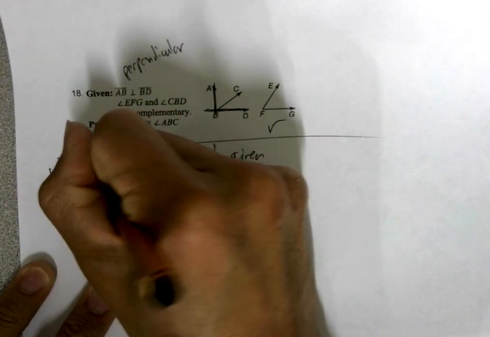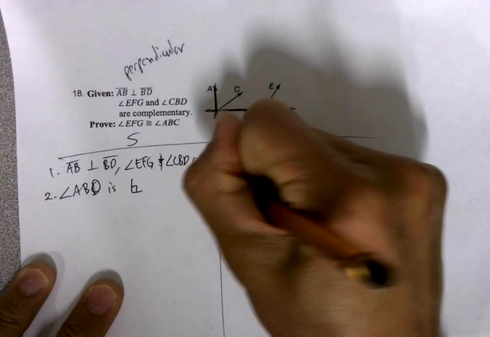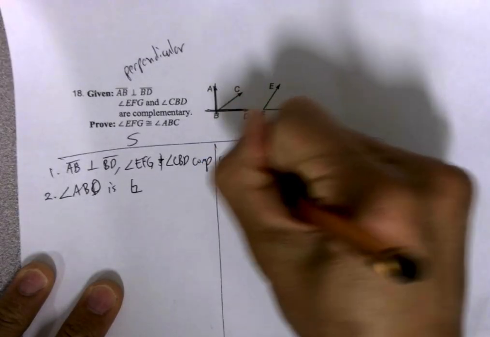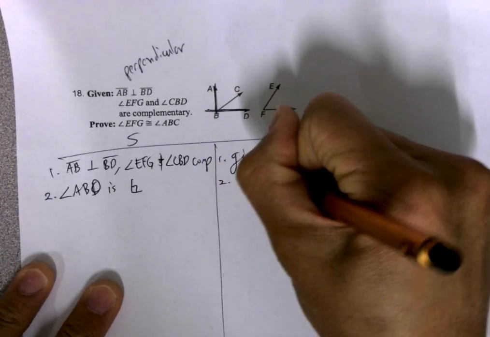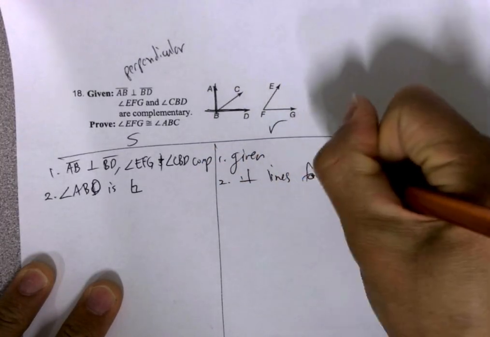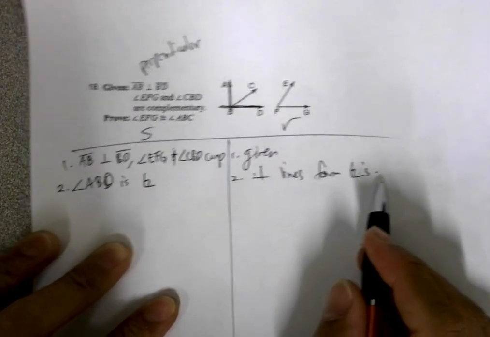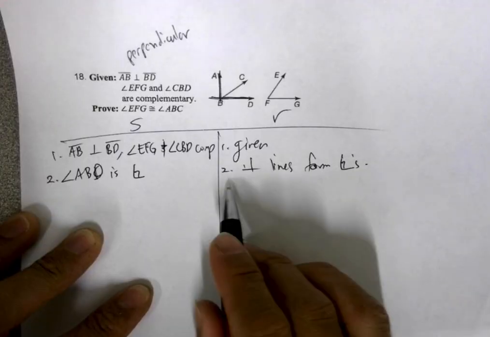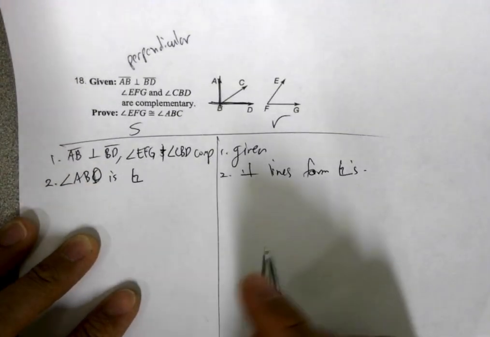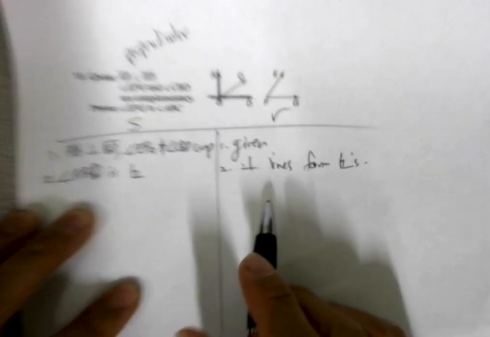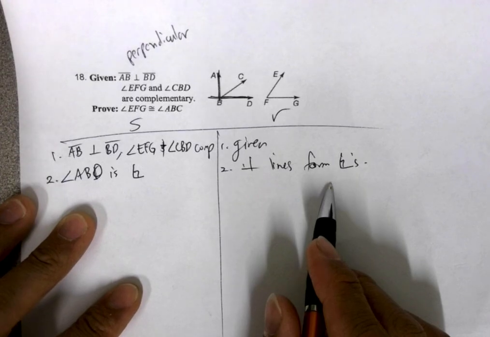And that's going to be: perpendicular lines form right angles. You could write theorem 2.9, but I prefer the description because 2.9 is easy to forget.